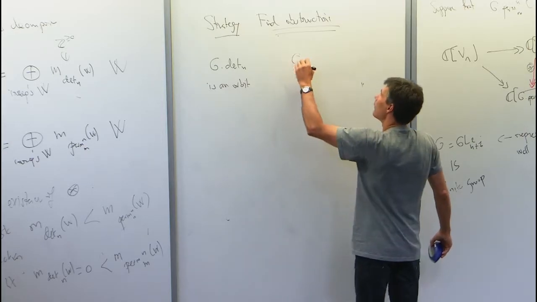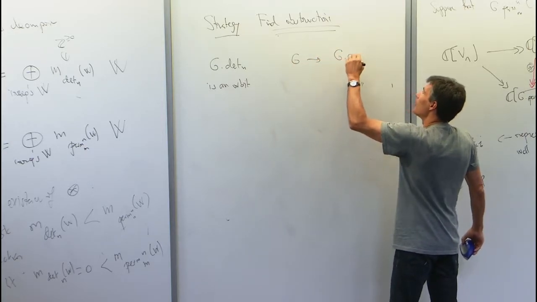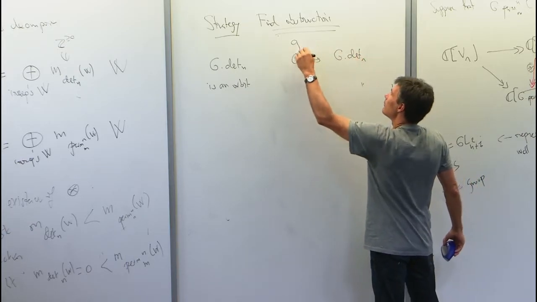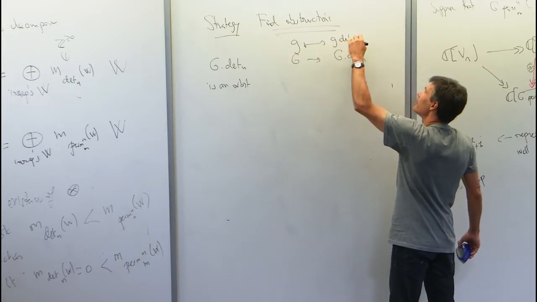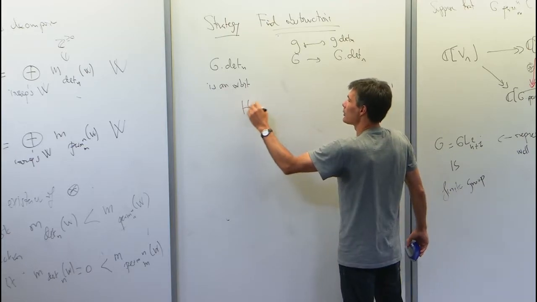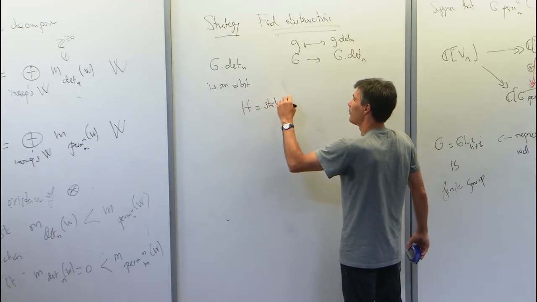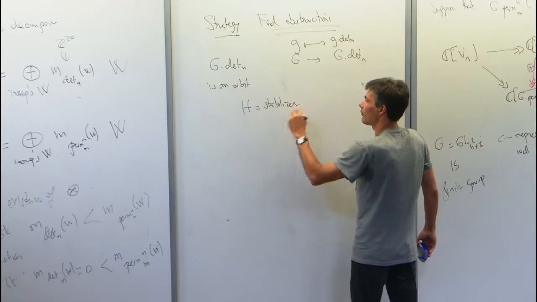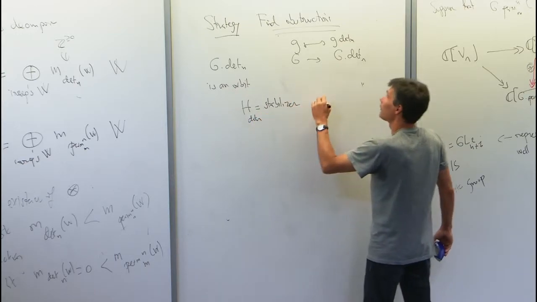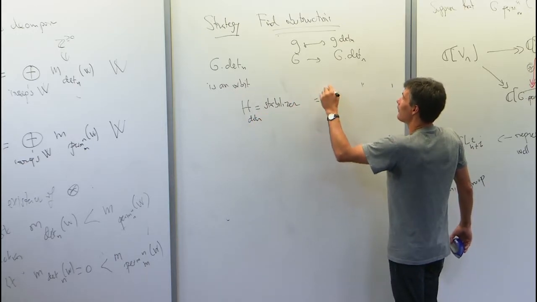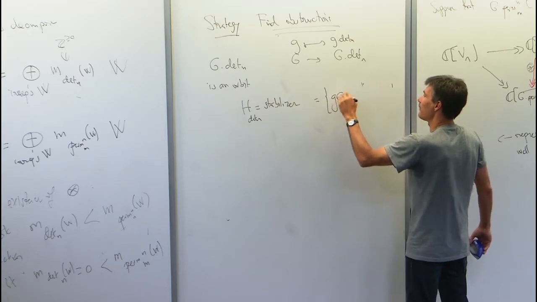Okay, so we have a map like this, if you wish. G. So H is the stabilizer. Okay, so it's clear what it is.